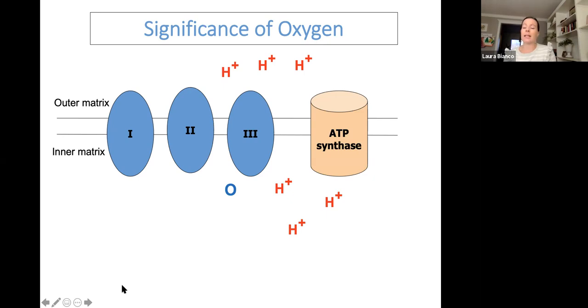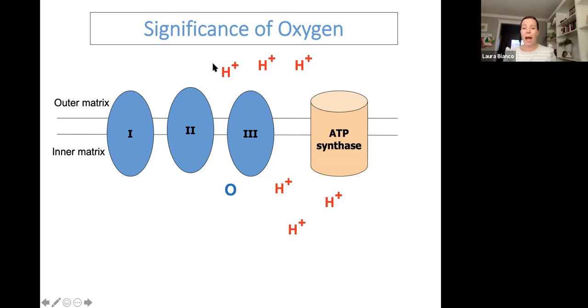And the reason is this. Remember, I said that once you've pumped all of the hydrogen ions out here, they will naturally diffuse from where there's more to where there's less, because the natural movement of ions and atoms and molecules is to spread out until equilibrium is reached.